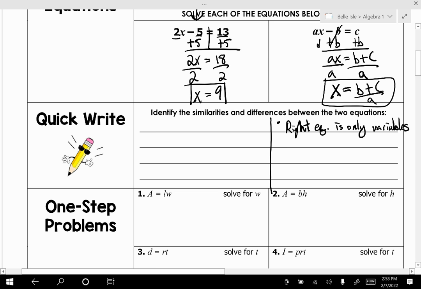Okay. Any similarities or differences, Quincy? Use the same steps to solve. Similarities or differences?